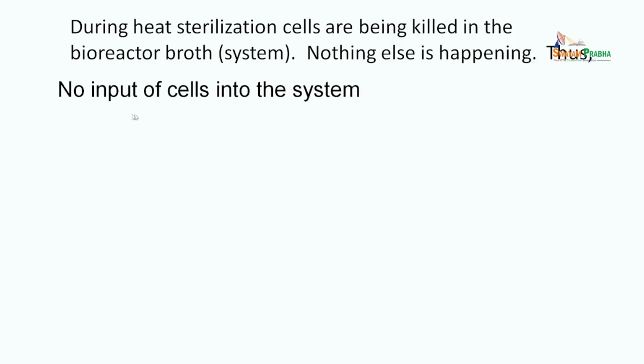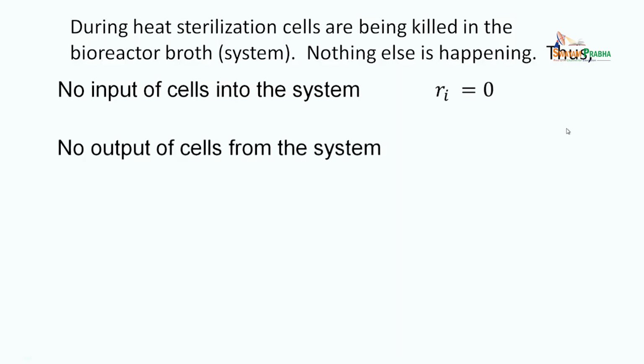Nothing else is happening. Okay? There is no input, there is no output, and so on and so forth. Therefore, the rate of input of cells, mass of cells into the system is 0. There is no output of cells from the system. The rate of output of cells, again mass of cells or number of cells, is 0.